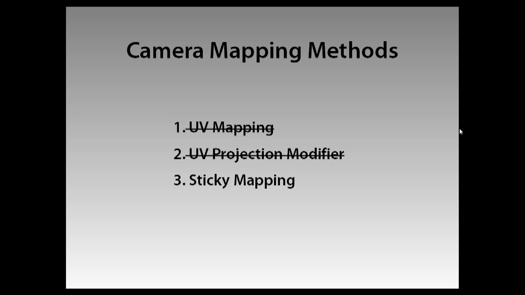With the UV project from view mode, you have to make sure you have the right image set properly or else it all screws up. The UV projection modifier involves having multiple cameras to fire images onto plane objects. But the best one in my opinion is sticky mapping, so that's the one I'm going to be teaching you today. Alright, so let's get on to the tutorial.